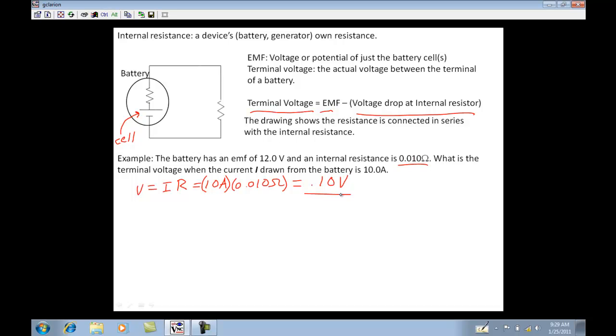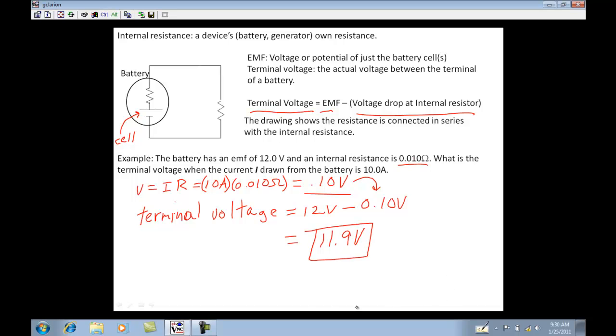Okay, so to find the terminal voltage, we take the total EMF, which is 12 volts. Again, EMF is just another word for voltage. I subtract this value of the 0.10 volts, and the battery, because of its internal resistance, is actually producing 11.9 volts.